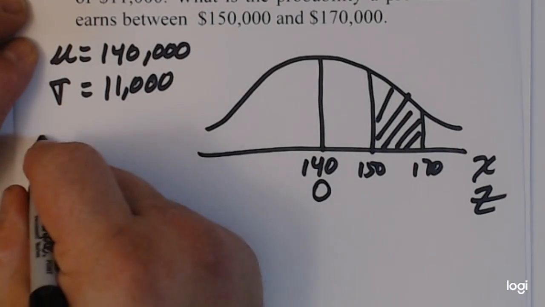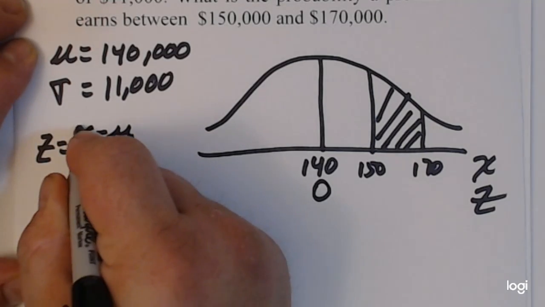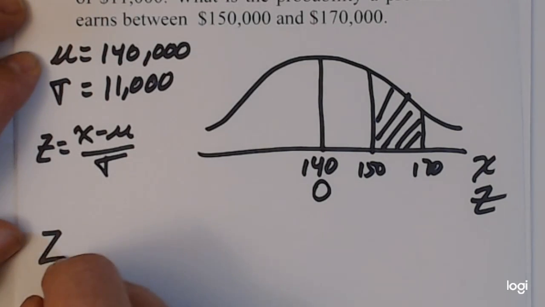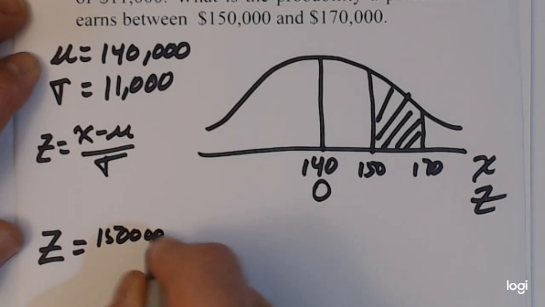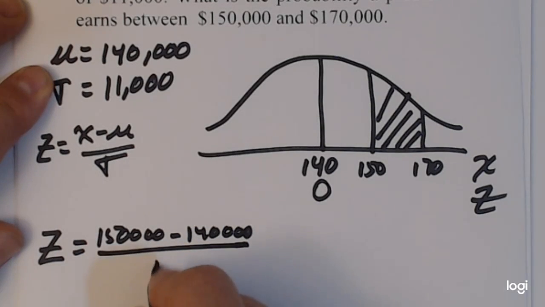And we know that z is equal to x minus mu over sigma. So let's get our two Z values. Z is equal to 150,000 minus 140,000 over 11,000.